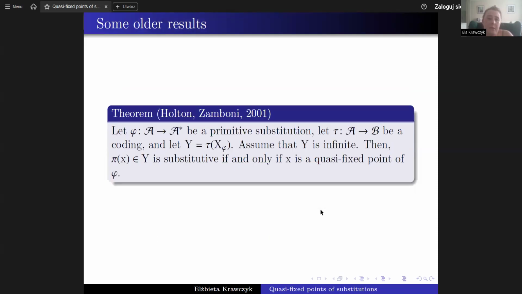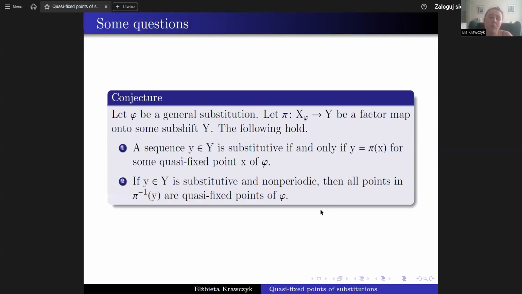Now here is the question, and here's the conjecture, which I would be very interested in seeing shown: what happens with general substitutions. As always, the case when I have a completely general substitution, one can assume growing here, but it doesn't help much, is distinctly harder than the constant length or primitive case.